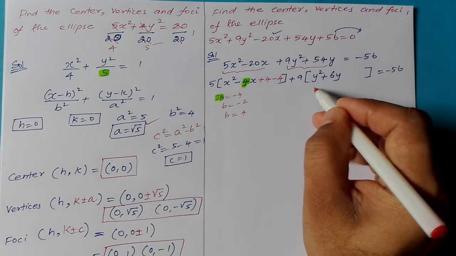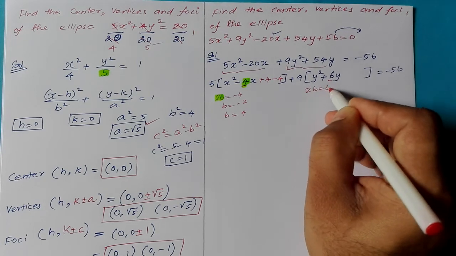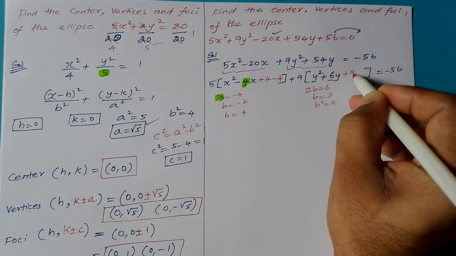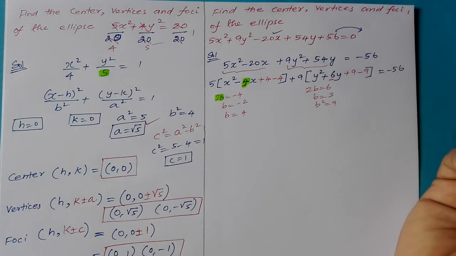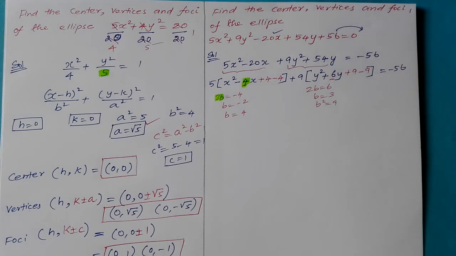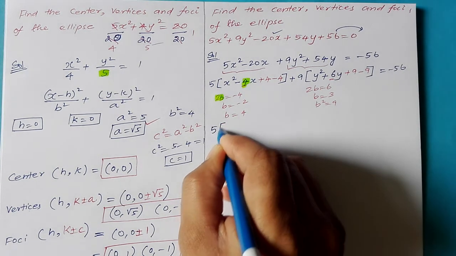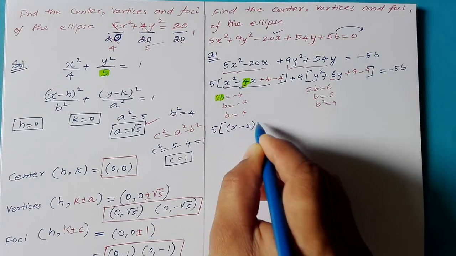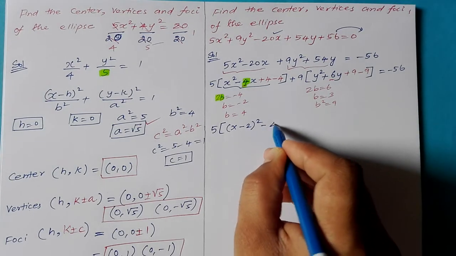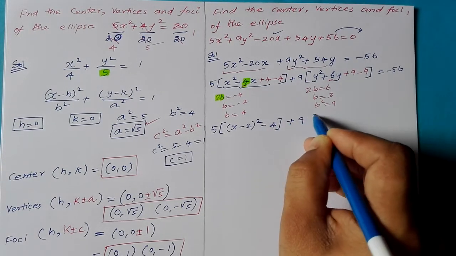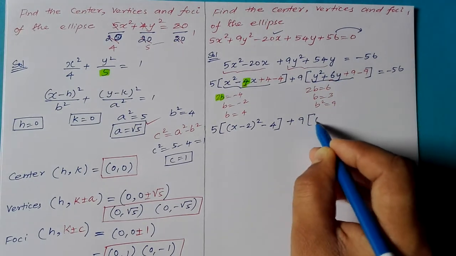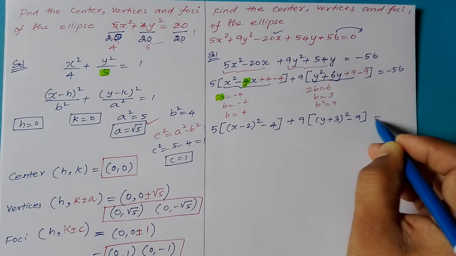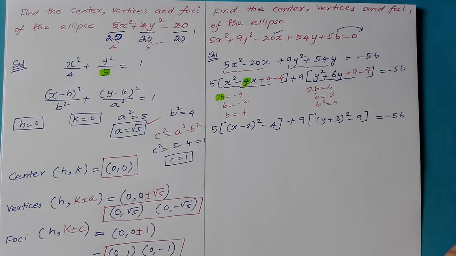Similarly here, 2b is equal to 6, b is equal to 3, b square is equal to 9. I have to add 9 and subtract 9. Now, 5 into x minus 2 whole square minus 4, plus 9 into y plus 3 whole square minus 9, which is equal to minus 56.